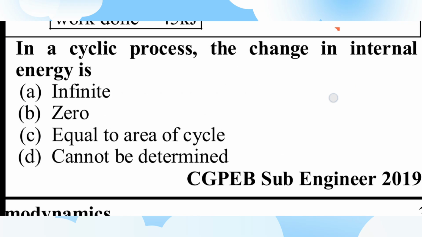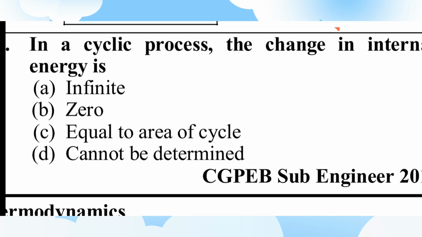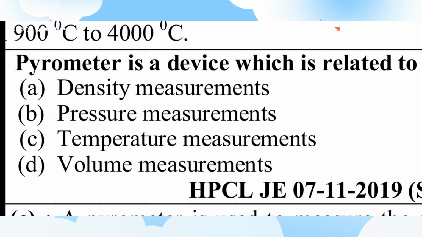Next question: in a cyclic process, the change in internal energy is infinity, zero, equal to area of the cycle, cannot be determined. B, 0. Next question, friends: a pyrometer is a device which is related to density measurements, pressure measurements, temperature measurements, volume measurements. C, temperature measurements.